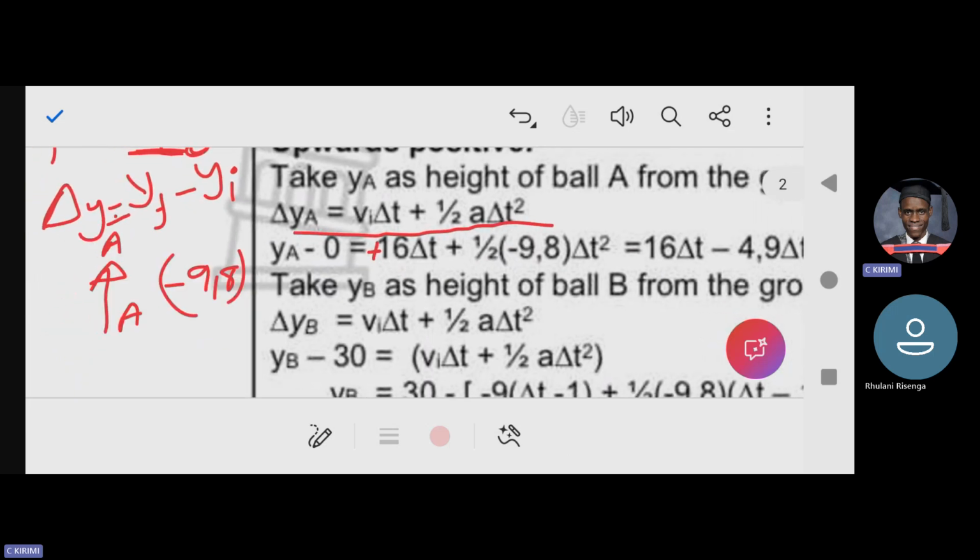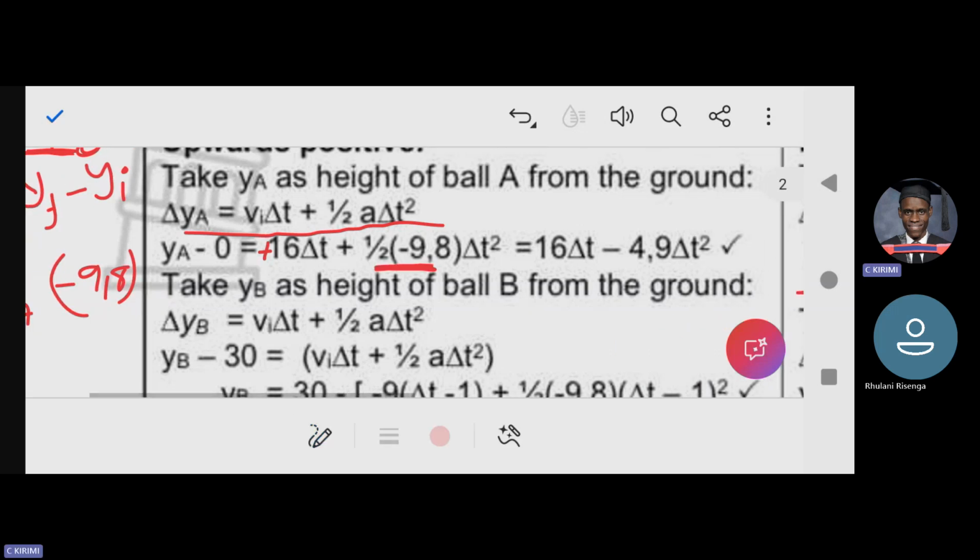Solving for YA, half times the negative gives you a negative 4.9 delta t squared.